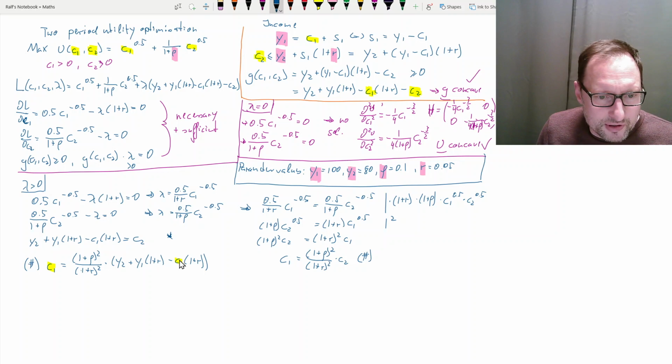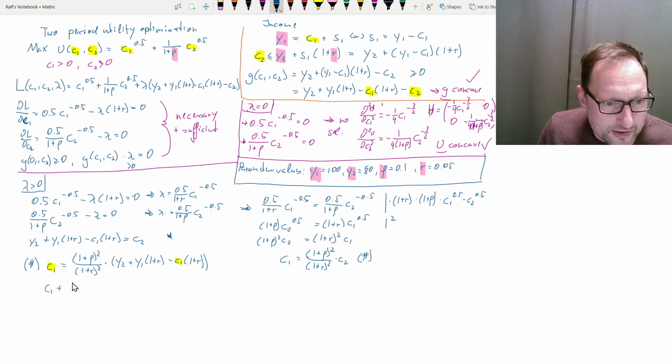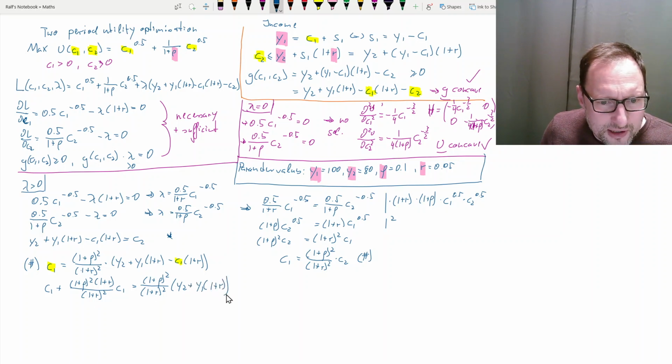If you bring that to the other side, because there's a minus, it will appear as a plus, so we get C1 plus (1 plus rho) squared times (1 plus r) over (1 plus r) squared times C1, and that is equal to what's left on the right hand side, (1 plus rho) squared over (1 plus r) squared times y2 plus y1 times (1 plus r).